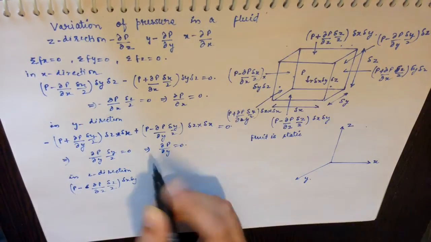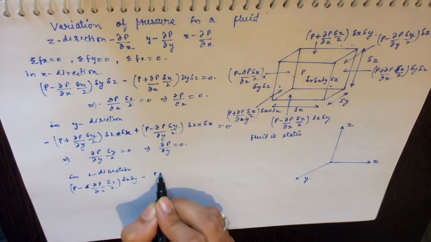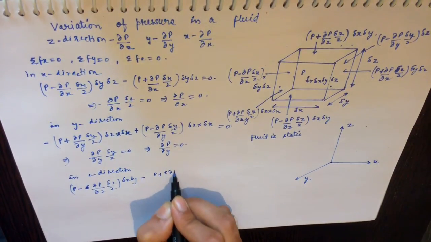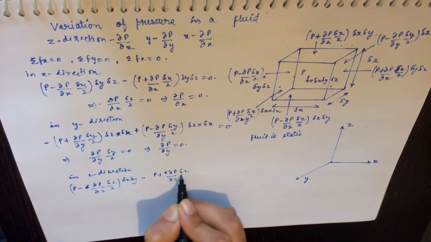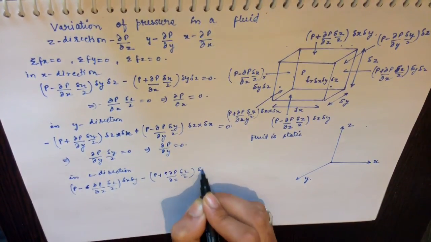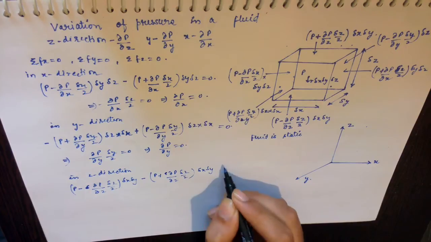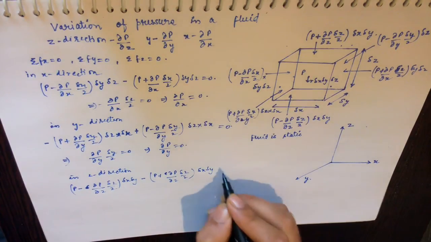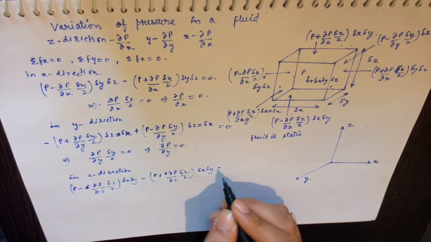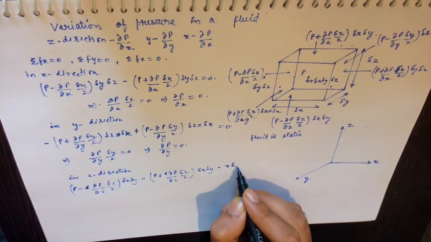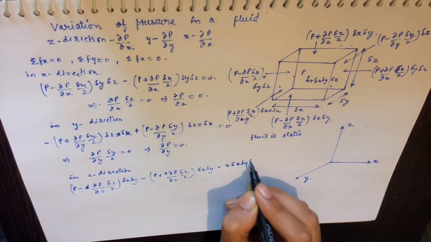And this will be negative because it is acting downward: p plus del p upon del z delta z by 2 into del x del y. And we are subtracting the weight, gamma into del x del y del z, which comes to be 0.